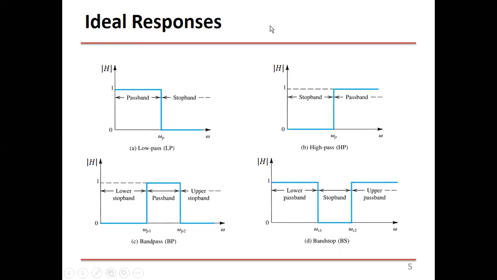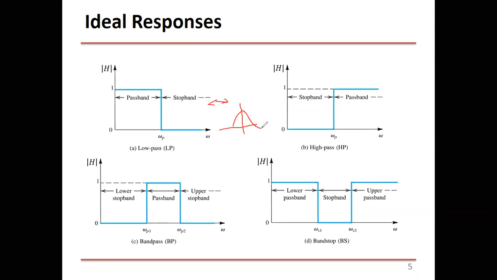So the sinc function goes like this. Let me just plot it here. In the time domain, you'll get something like this. This is h of t versus t, of course.